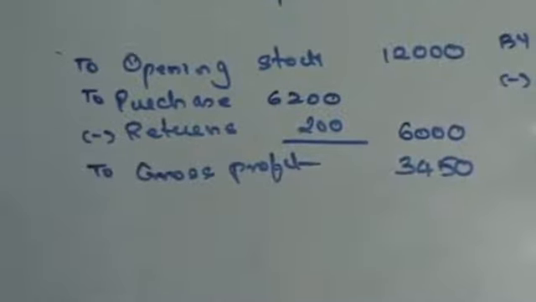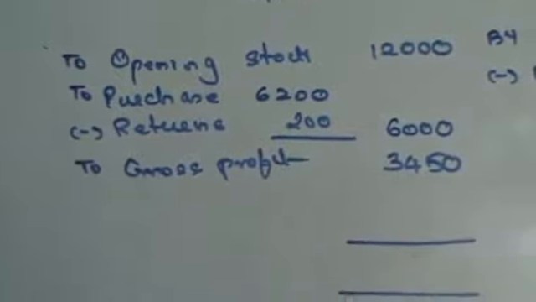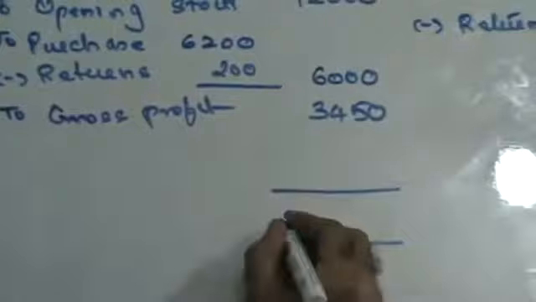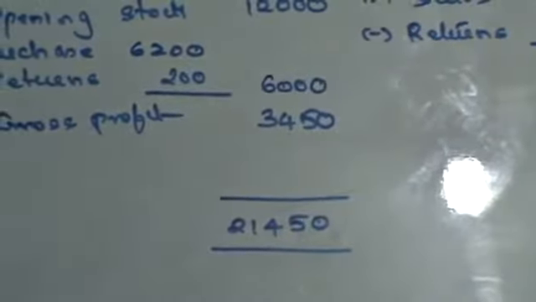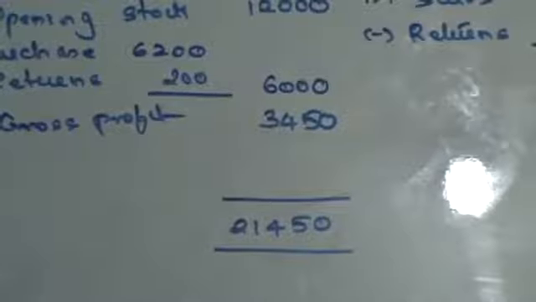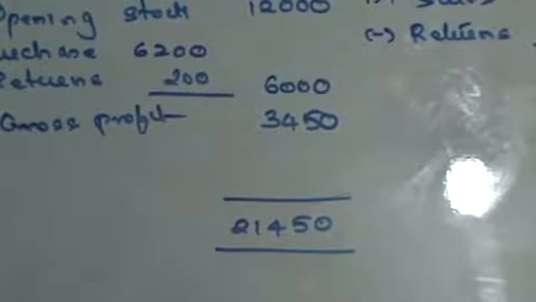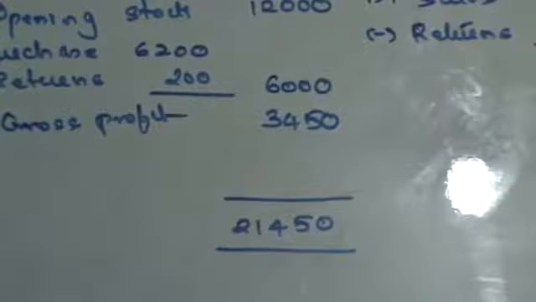Now, let's tally this. We've got our gross profit 18, 19, 20, 21,000. So shouldn't it be gross loss? Why should it be loss? Here I'm using unitary method. 10,350 into 33.33 divided by 100.